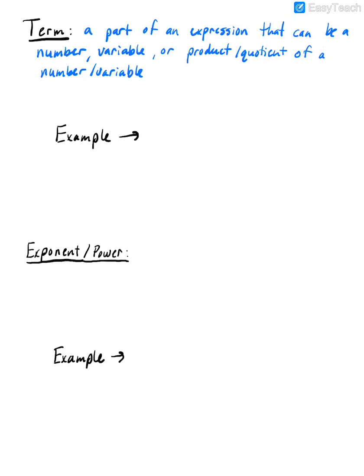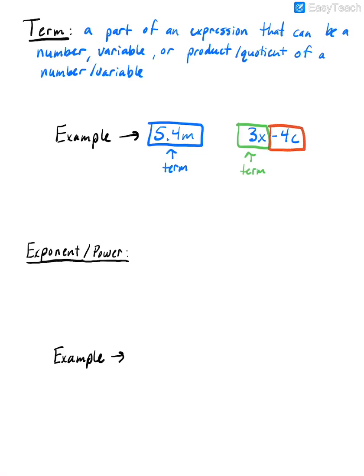So if you look back at 5.4m and the 3x minus 4c, 5.4m, that is a term. Okay, just stand alone by itself. 3x, that by itself is a term. Now, negative 4c is also a term.